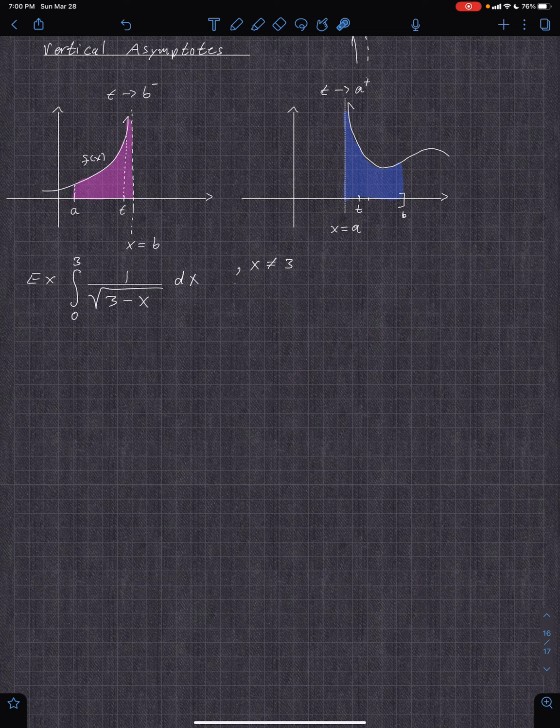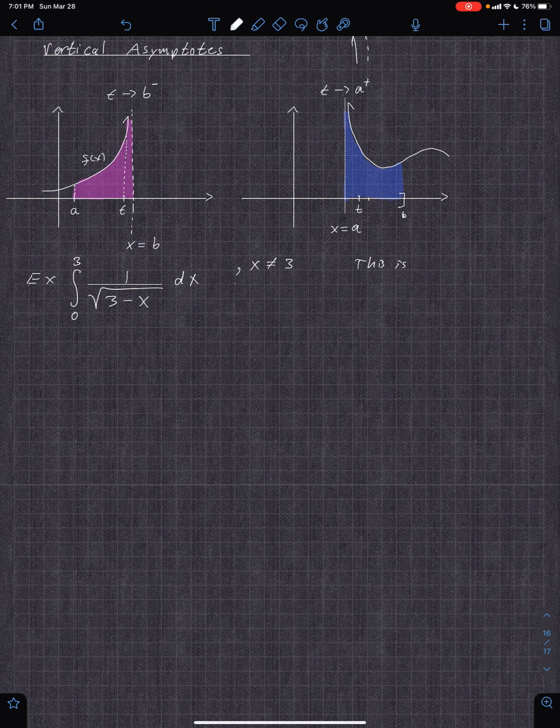I'm sorry, you can't put in 3.001. You've got to approach on this side. So put in values like 2.999. If you put in 3.01, then it's negative, and that would be imaginary. So this is an improper integral.